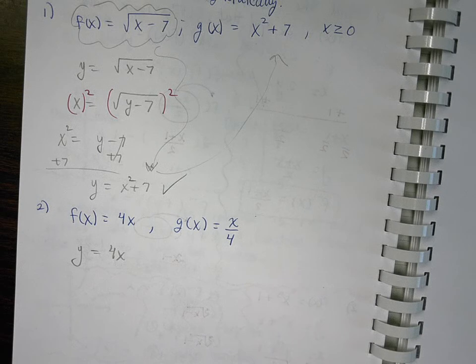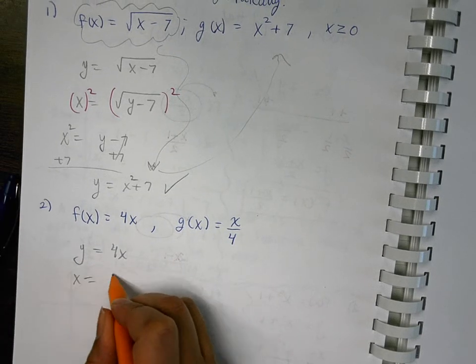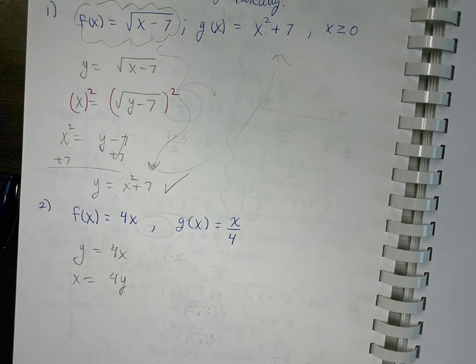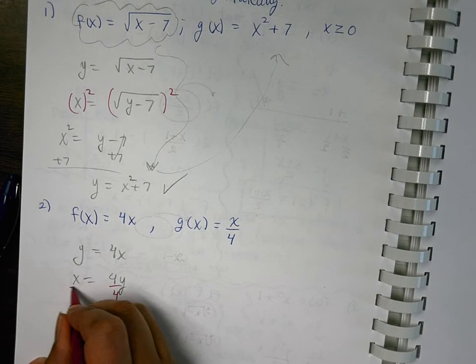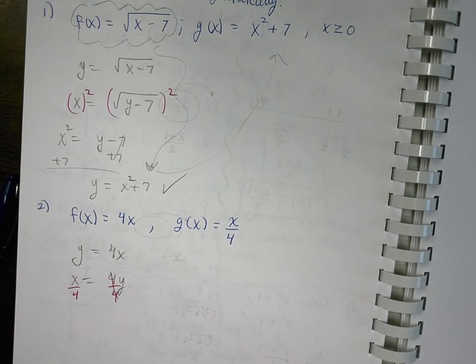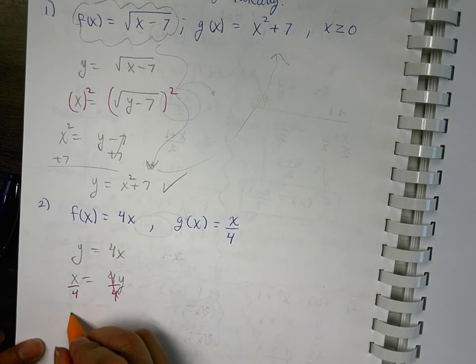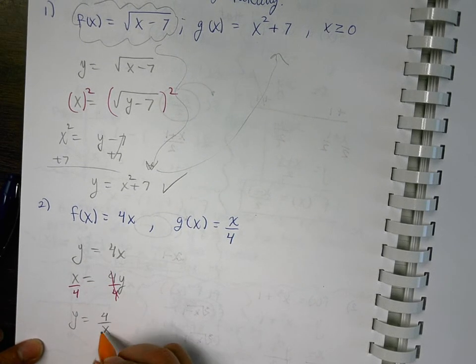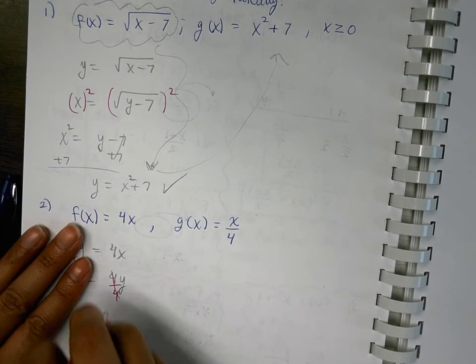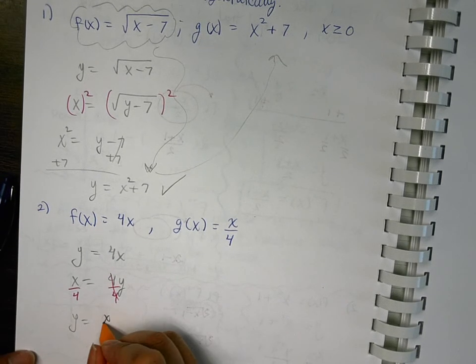Anybody have it? Did it work? Yes. What did you divide both sides by? Oh, you changed your variables first, right? And what did you divide both sides by? y equals x over 4.